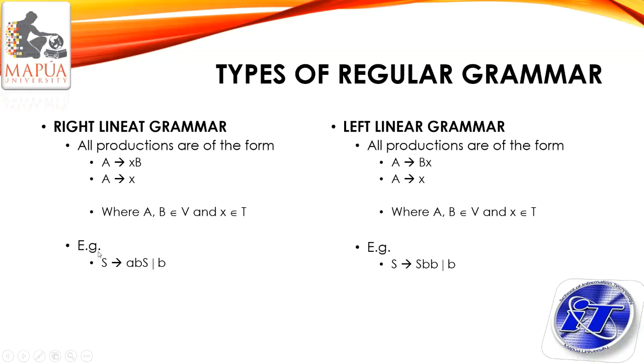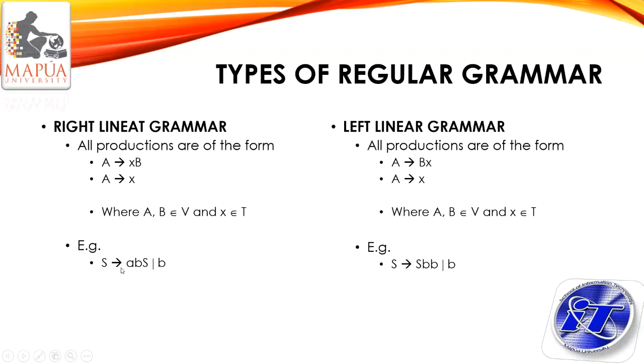So for example, we have the start symbol S, then ab capital S, pipe B. If you see this symbol, it means or.